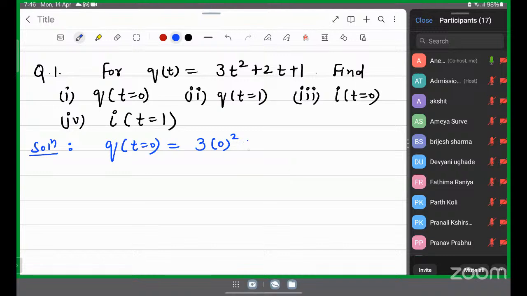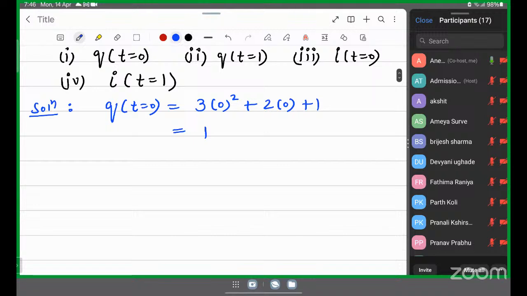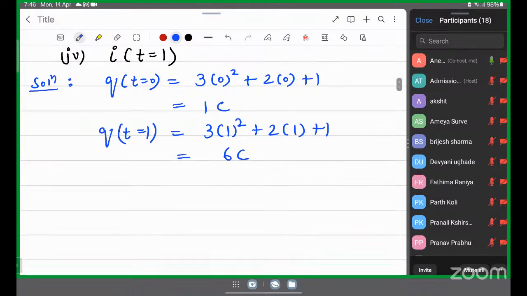So this will be 3 times 0 square plus 2 times 0 plus 1. Answer will be 1 unit, and let's say unit is in coulombs. So this will be 1 coulomb. Charge q at t equals to 1 second instant will be 3 into 1 whole square plus 2 into 1 plus 1, which will be 6 coulomb.